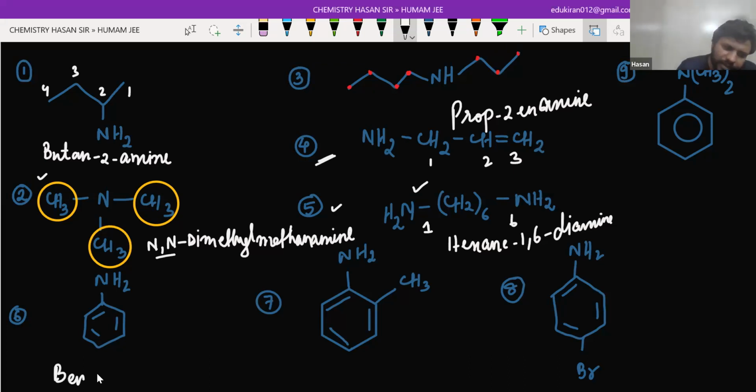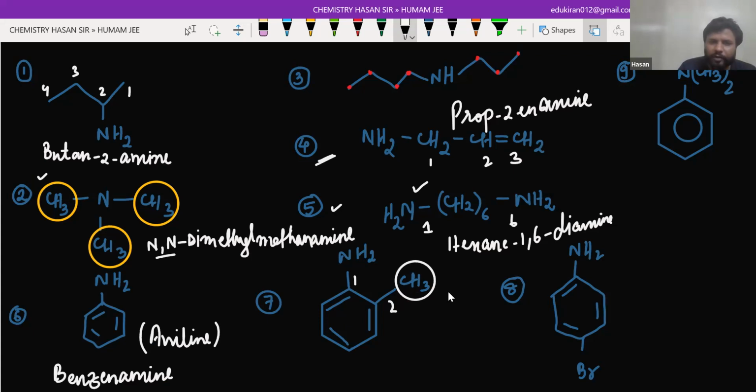This is your benzenamine, which is also known as aniline, which is a common name, but now it is used as IUPAC. And this will be 1, 2. This is your benzene, and this is your substituent. So what will it be? Very simple.